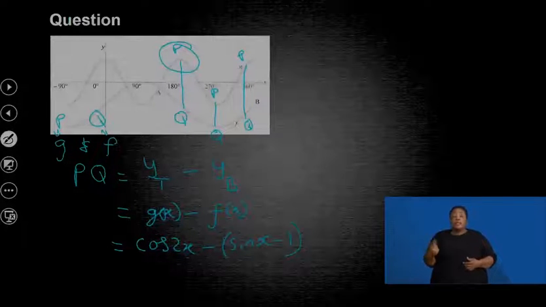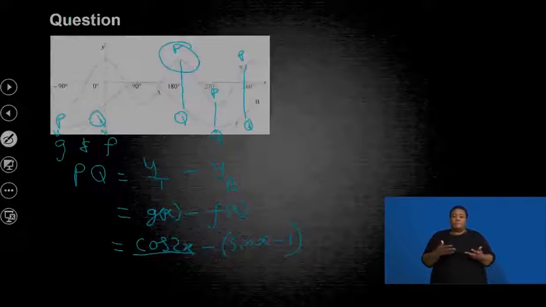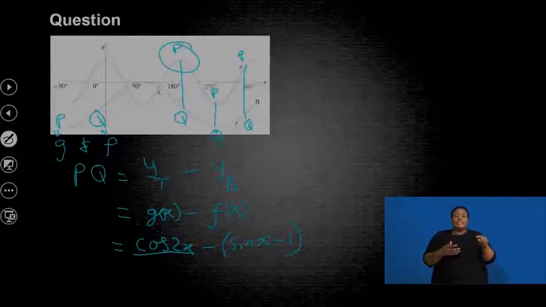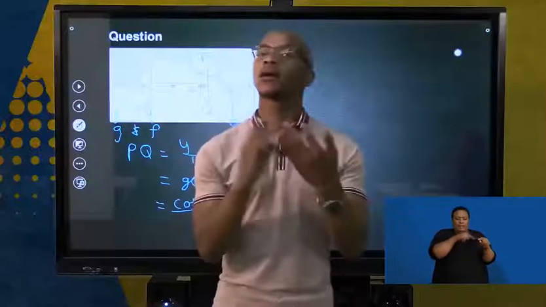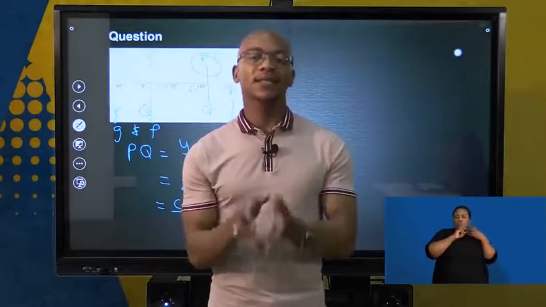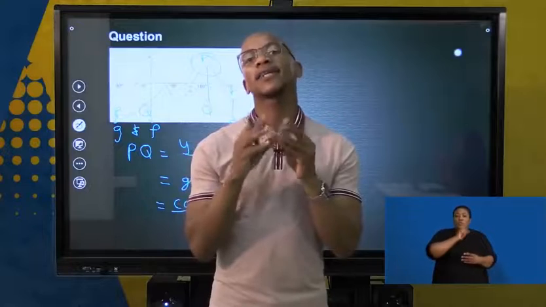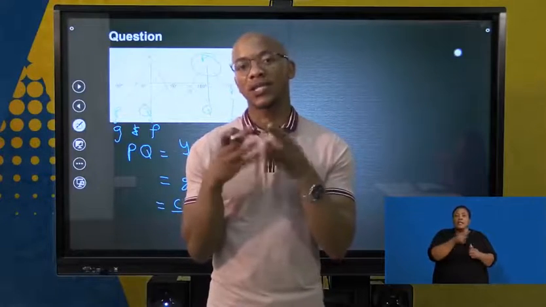And then the cos 2x is a double angle. How do you change it? Now, there's 3 of them. A lot of us are always normally confused as to which one to use. What I can give you as advice is you use the one that is dominant on the question that you have.